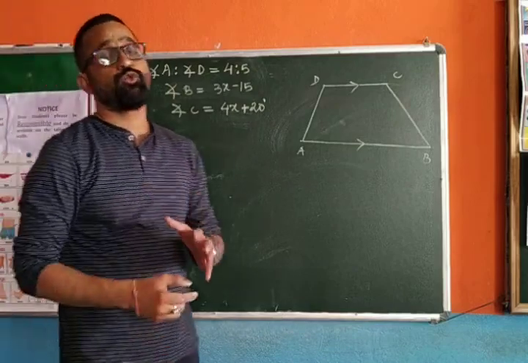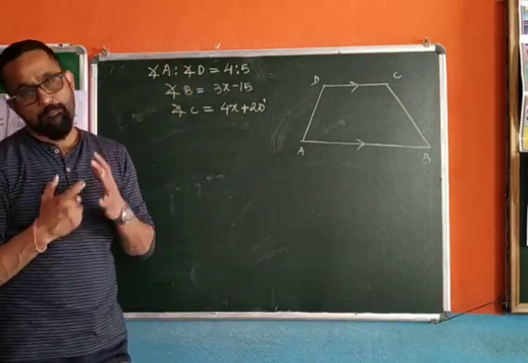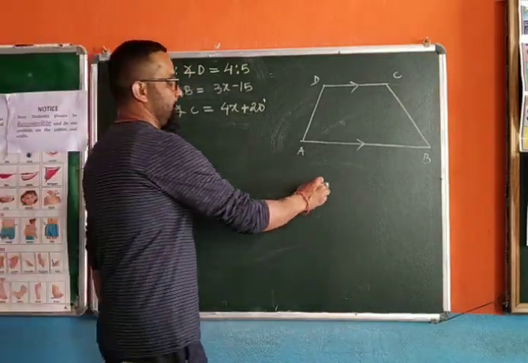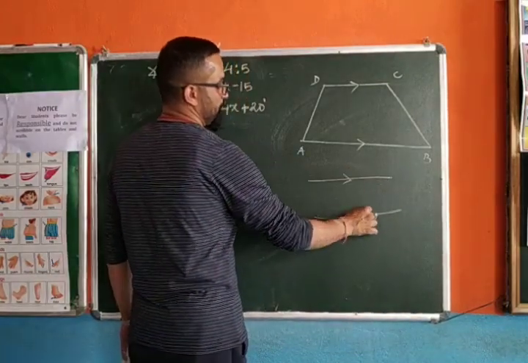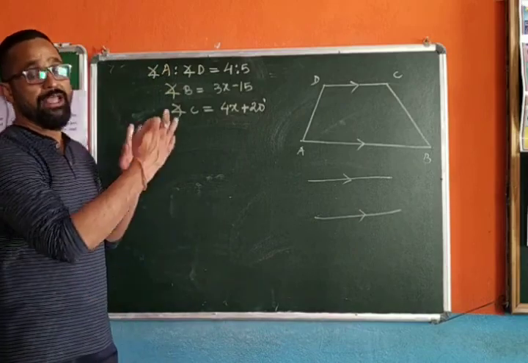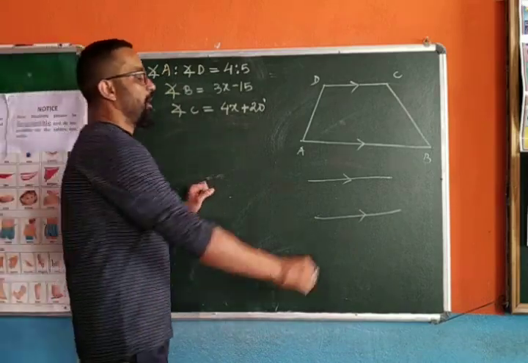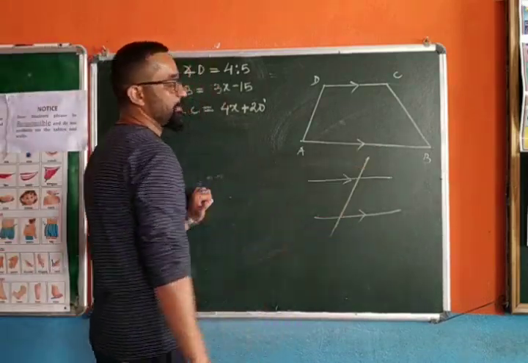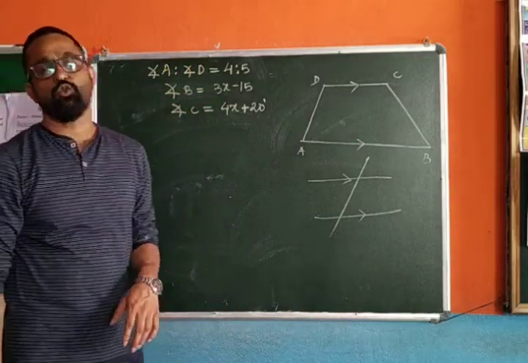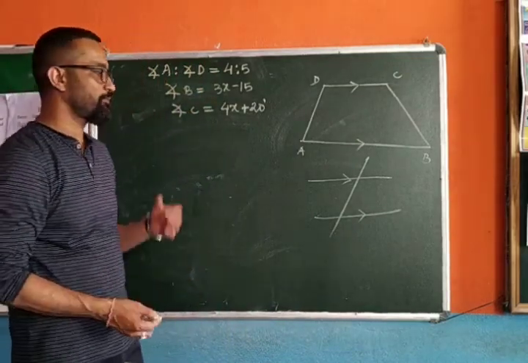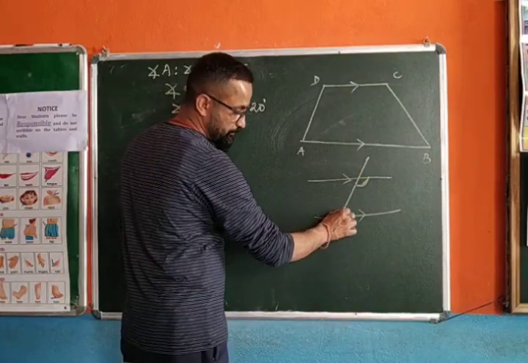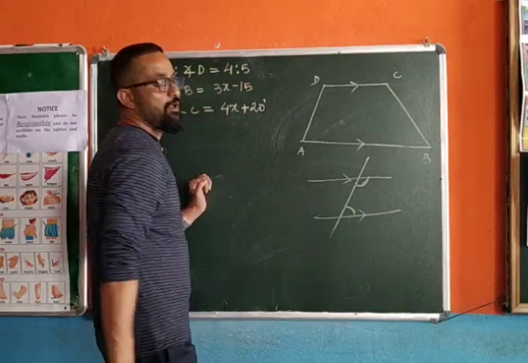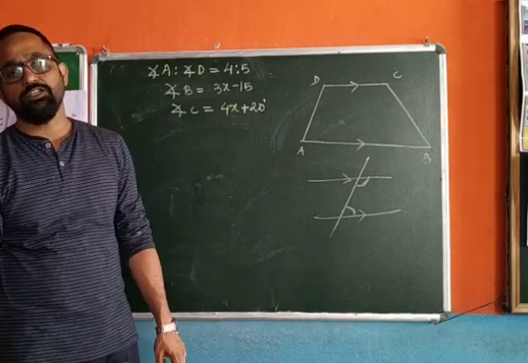We have to use the property of parallel lines. Two lines are said to be parallel to each other if they do not meet on extension. A line which is intersecting these two parallel lines is known as a transversal. And these two angles inside are called co-interior angles.